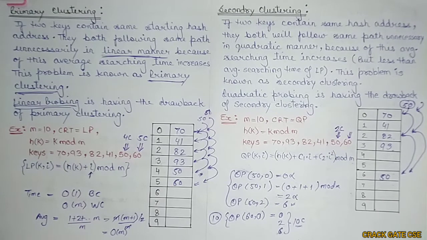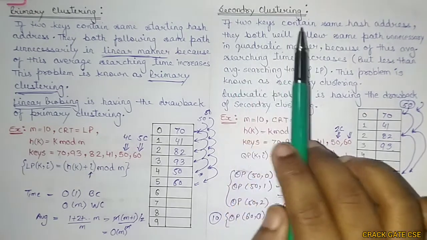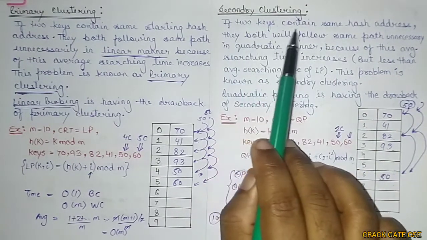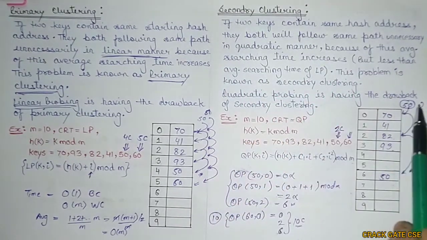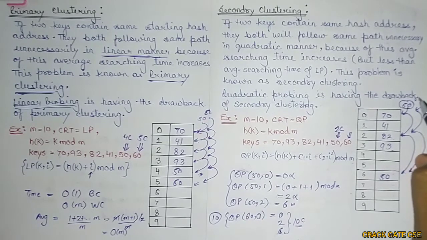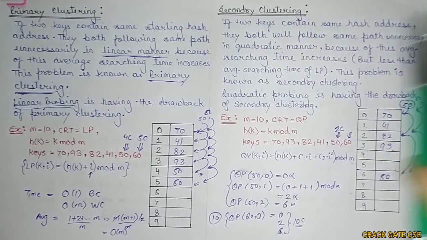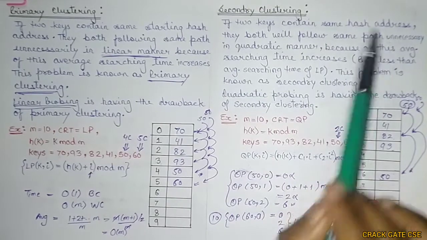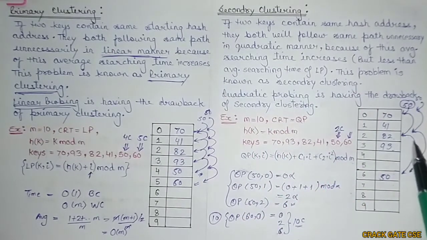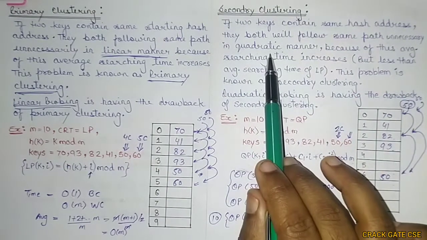So here you can see the important thing is the pattern. Here also they are unnecessarily following the same path but in a quadratic manner. This problem in quadratic probing is known as secondary clustering. If two keys contain the same hash address, that is 50 and 60, both containing the same address 0, they both will follow the same path unnecessarily in a quadratic manner.